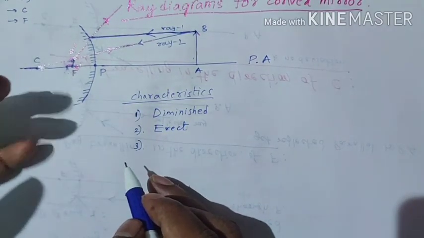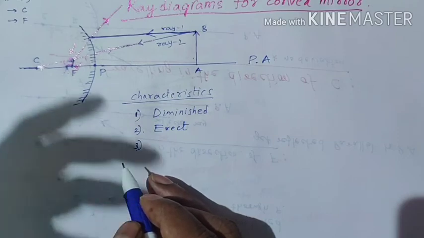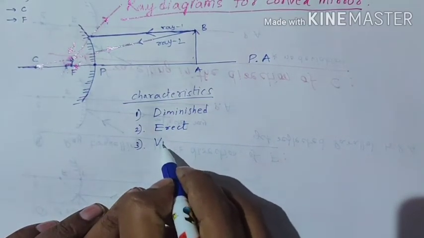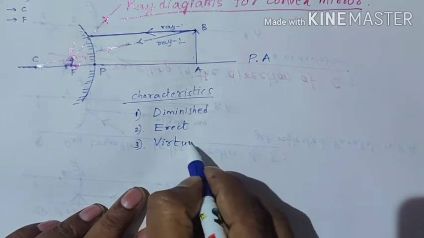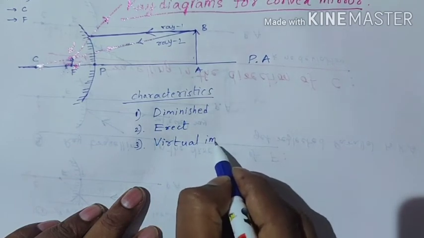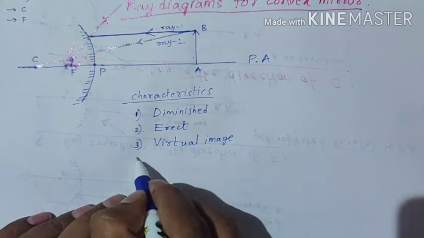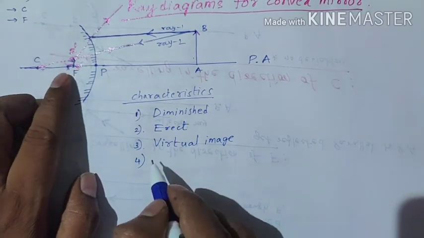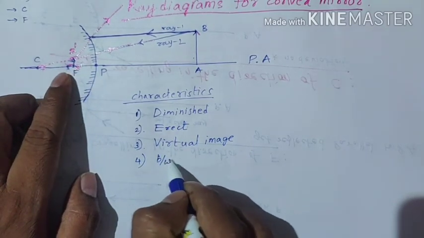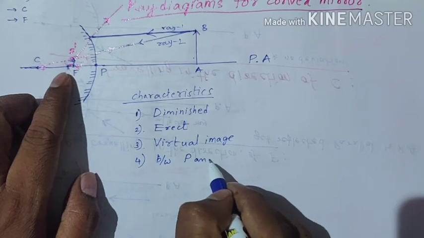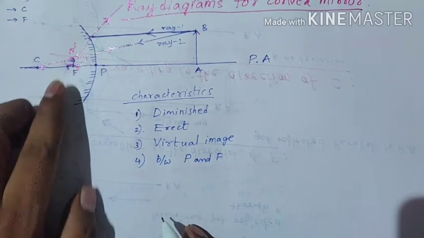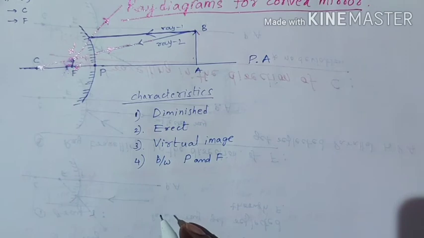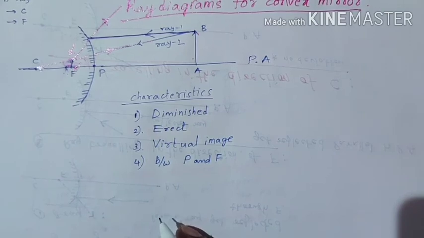The image which is formed in the mirror is called a virtual image. So what kind of image is it? Virtual image. And where is the position? The image is formed between pole and focal point.